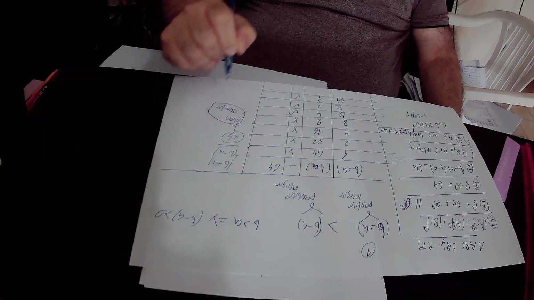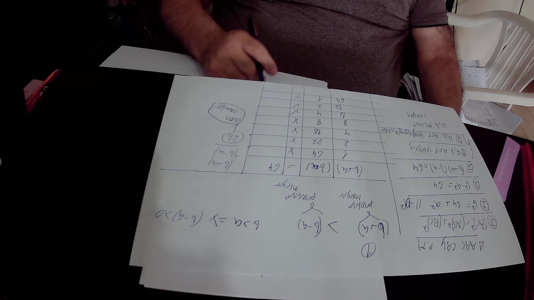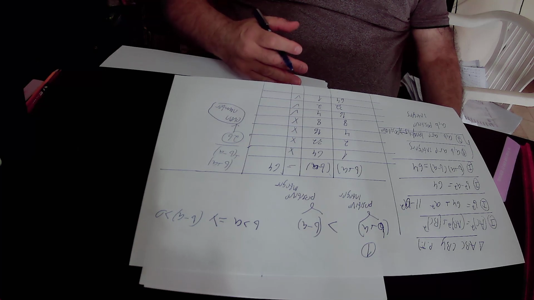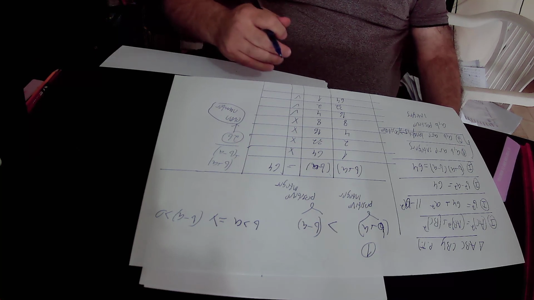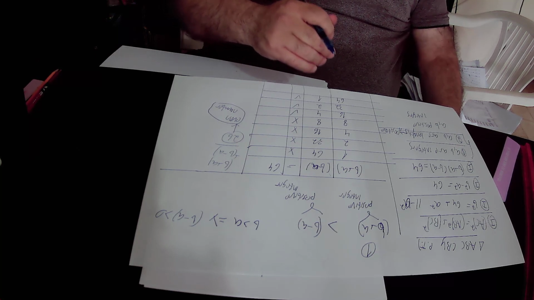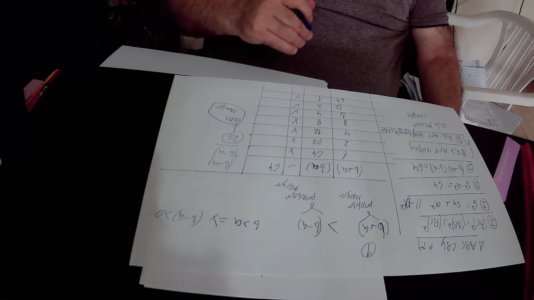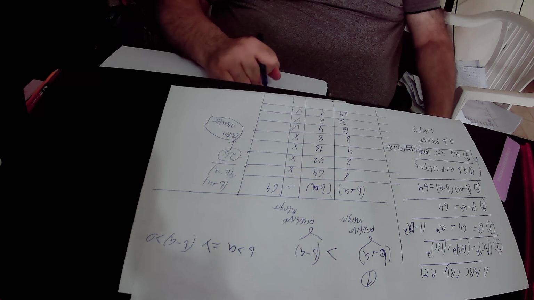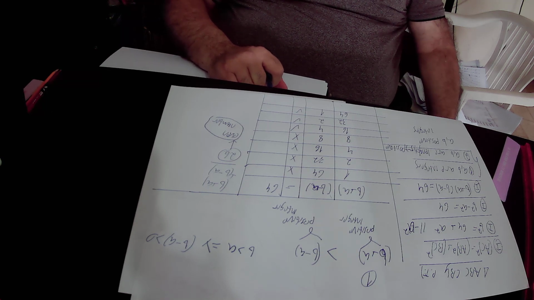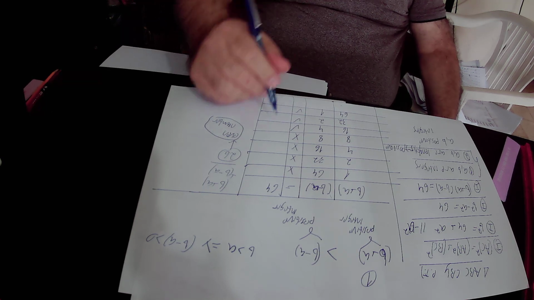We will add the first number to the second number, and if the result gives us an even number, it is a good option. Otherwise, if it is not an even number, we'll cancel this option. So here 16 plus 4 is 20. 20 is an even number, therefore this is a good option.